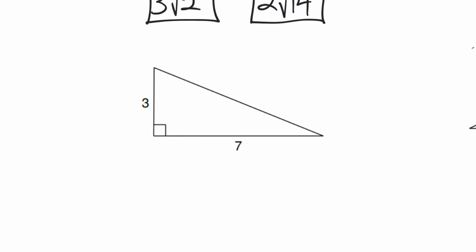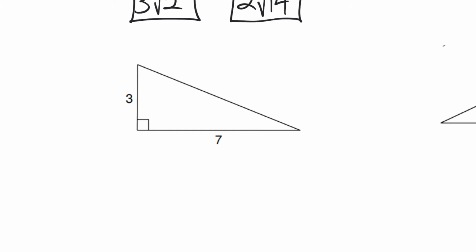Looking at this one right here. Now, this looks like a 30, 60, 90, but it's not. If it were, this down here would be 3 times 3 square roots of 3, which I don't know what that is, but it's not 7. So this is not a 30, 60, 90. So what do you think we're going to do here to find that missing side up there?